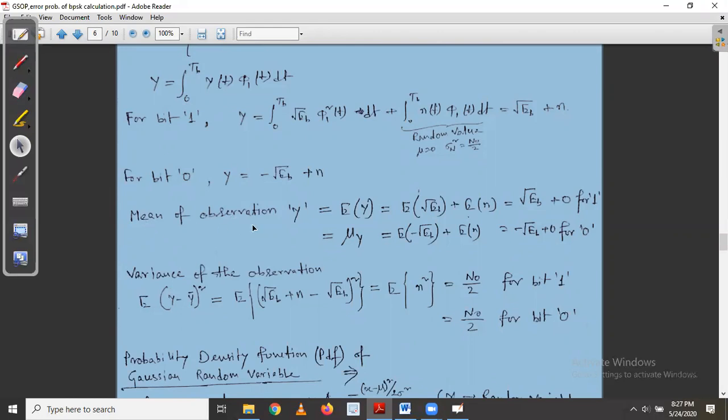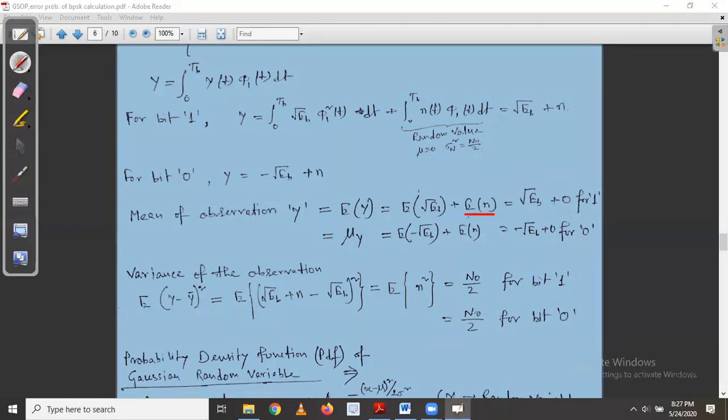So mean of observation, denoted by capital E in the bracket observation, or mu Y. This Y is nothing but either plus root of EB or minus root of EB, depending on bit 1 or 0 respectively, and mean of noise is 0.